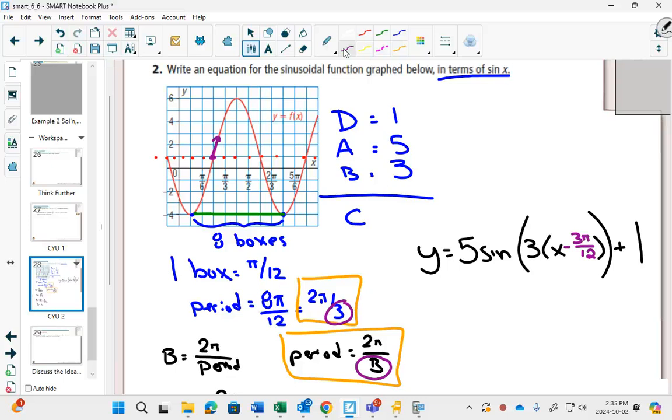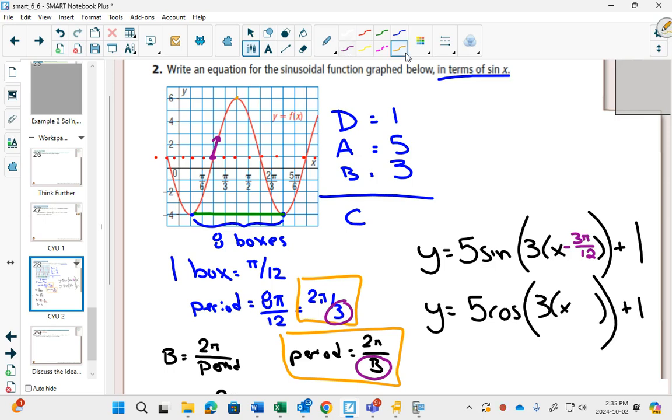I could also make a cos graph. The DAB part would stay the same. But a cos graph, it starts at a maximum. And that maximum is shifted 1, 2, 3, 4, 5 squares to the right.